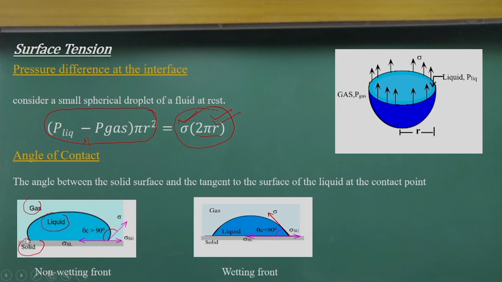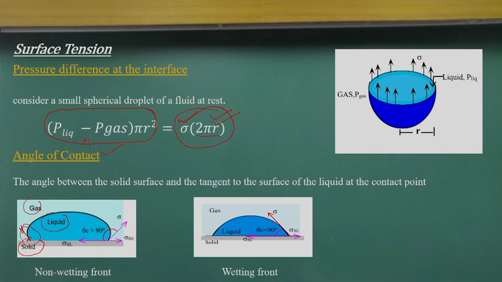At equilibrium at the point of contact, the resulting force makes an angle, the contact angle. So, the surface tension between the gas and the liquid and the solid, this net force acting here, makes an angle. This is the angle of contact.